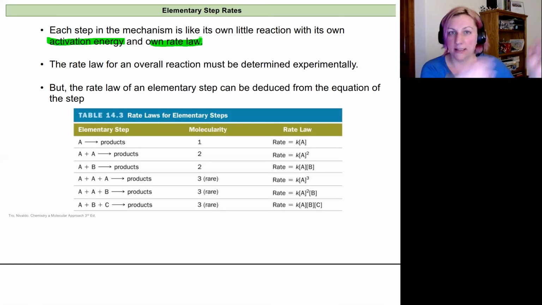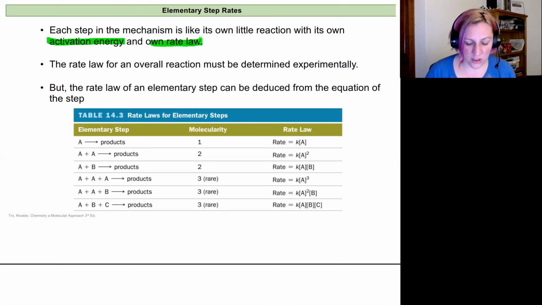We don't just sum up all of the ones from the elementary steps because they're going at different rates. But for an elementary step, we don't need to experimentally determine the rate law or the order of the rate law. We can actually determine that just from looking at the balanced equation of the elementary step.